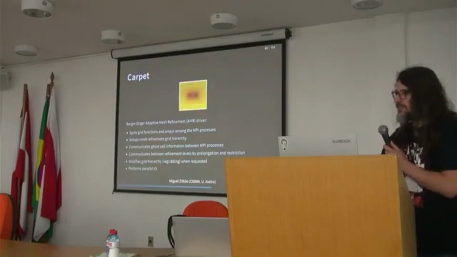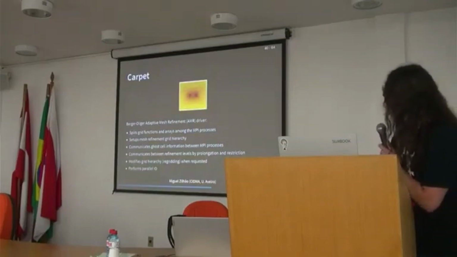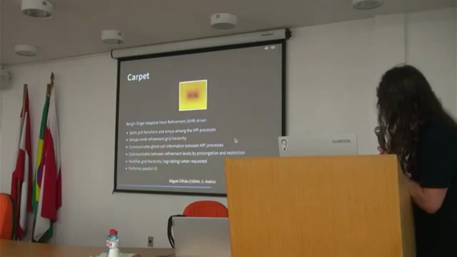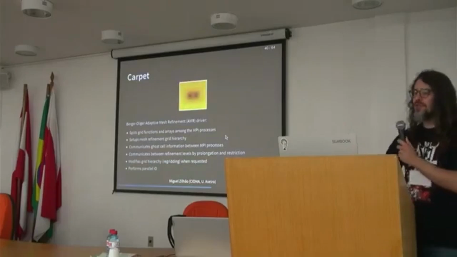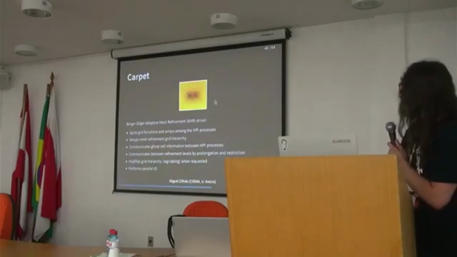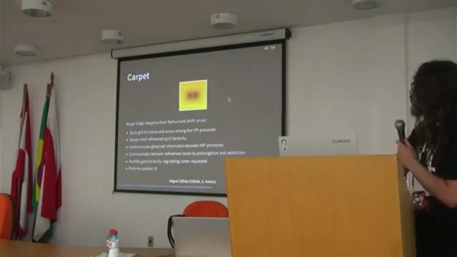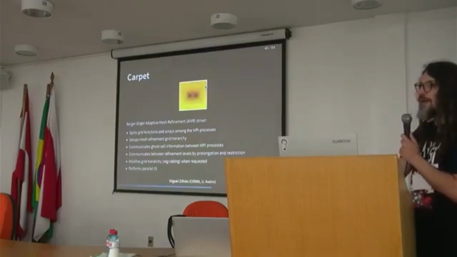The idea is roughly what is being shown here in this cartoon. Well, this is actually more a cartoon of a cartoon. This is an actual snapshot of a simulation, and this is a typical grid that you could use, for instance, for a system of binary black holes.